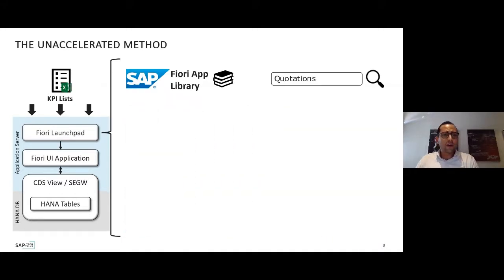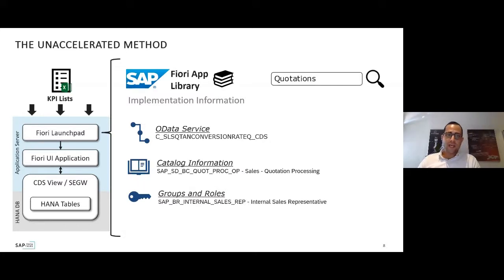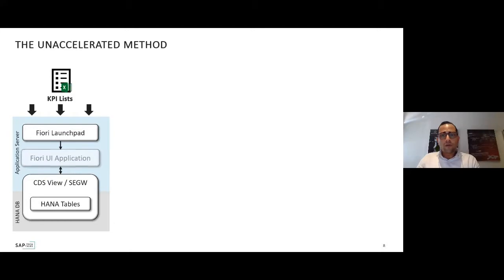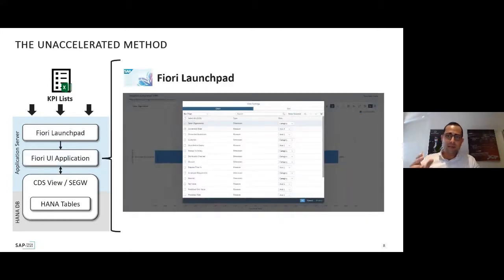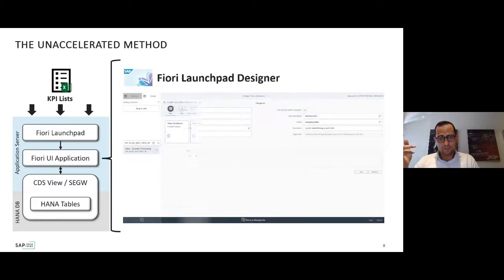Once we found a reasonably good match, if any, we documented its implementation information, the OData service or underlying CDS view, its catalog information, and the groups and roles necessary to view the app. Following this, we fired up our own Fiori Launchpad and ran the app there. We used the gathered catalog information to determine further characteristics via the Launchpad designer.